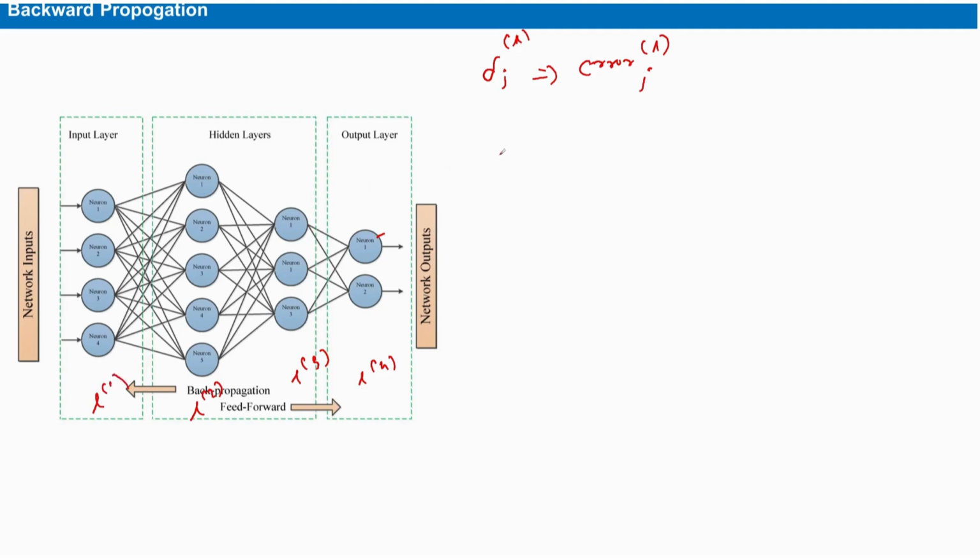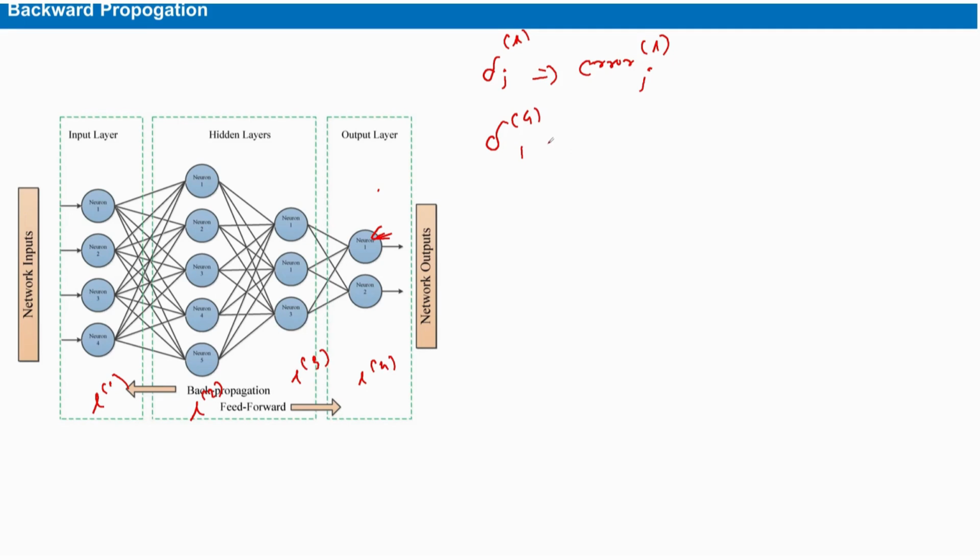In order to find out the error with respect to the first neuron in the last layer, which is layer 4, I will denote it as delta with superscript 4, because it is the fourth layer, and subscript 1.